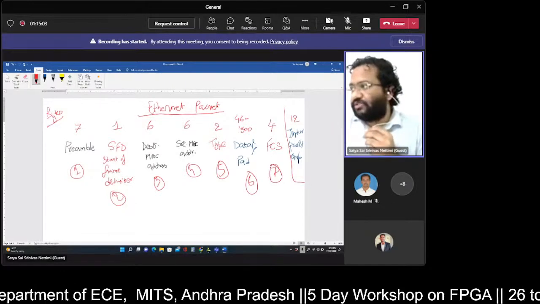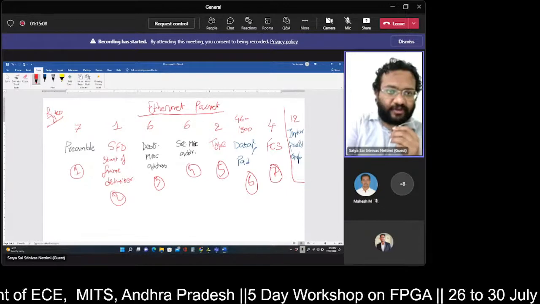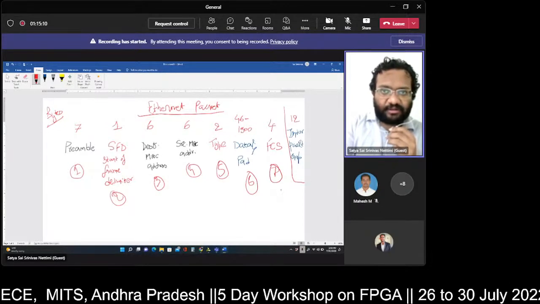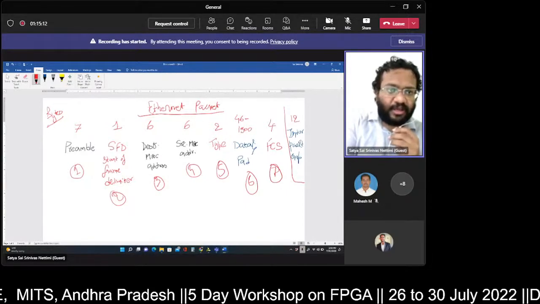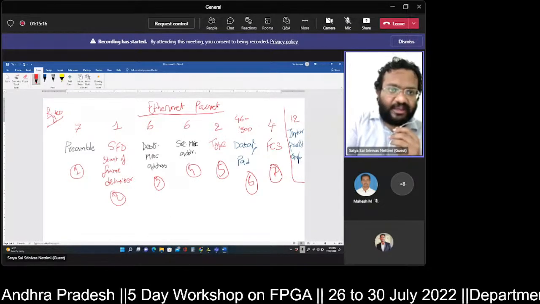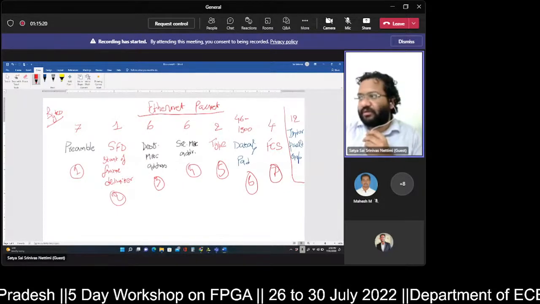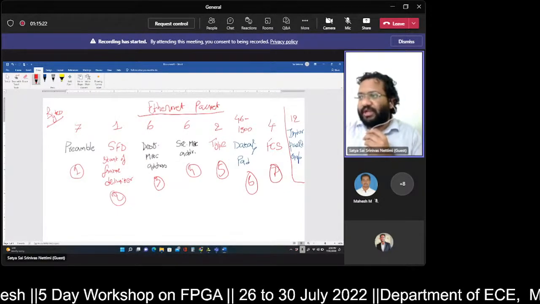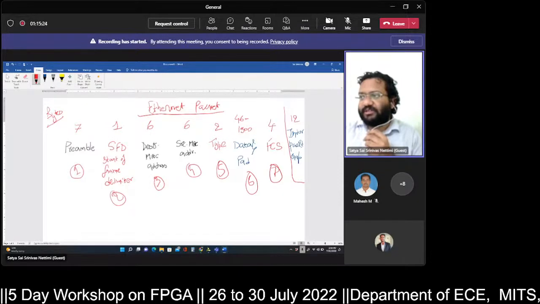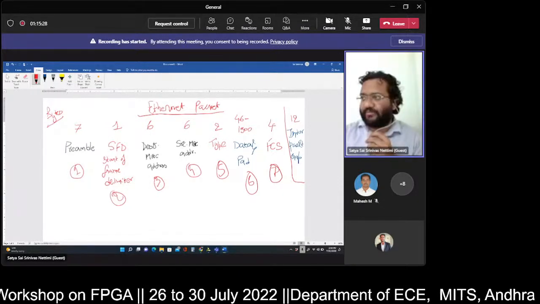In order to generate the bit patterns for all these 7 entries of an Ethernet packet, I have taken 7 finite states. In each finite state, I tried to develop a hardware logic so that it will generate the Ethernet packet.